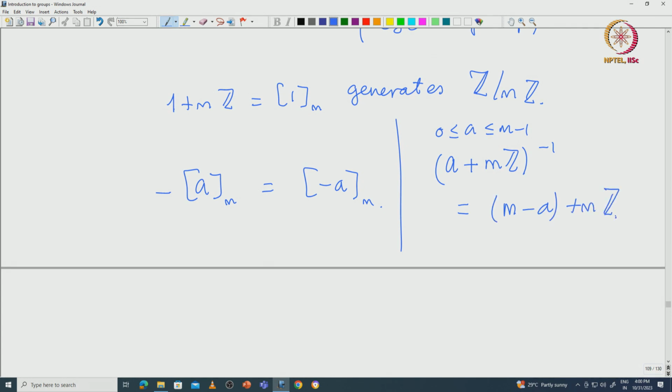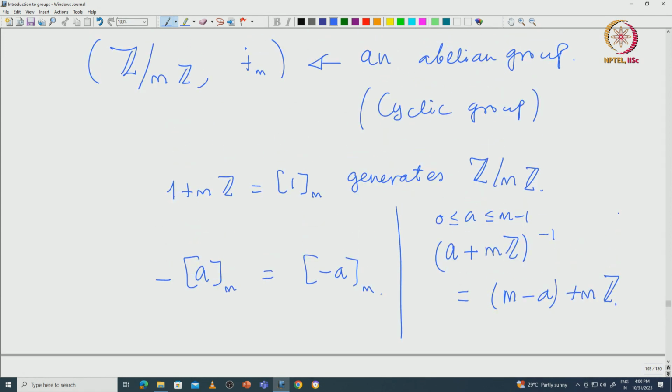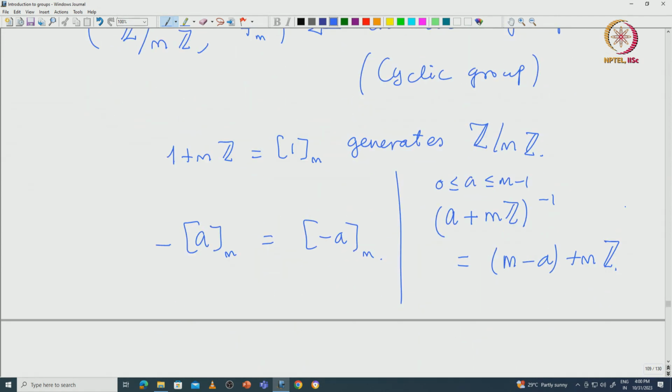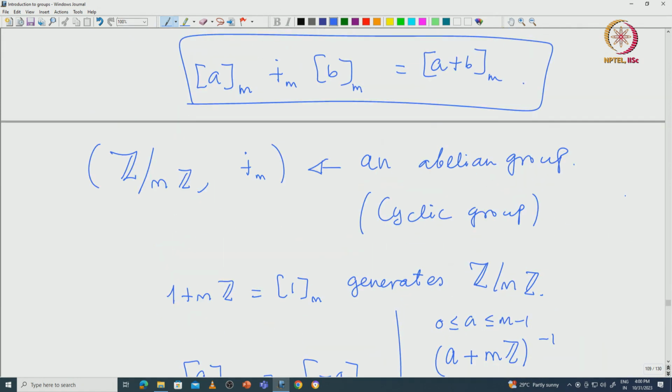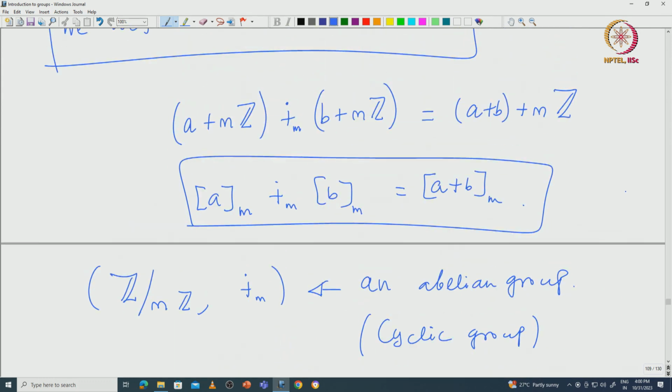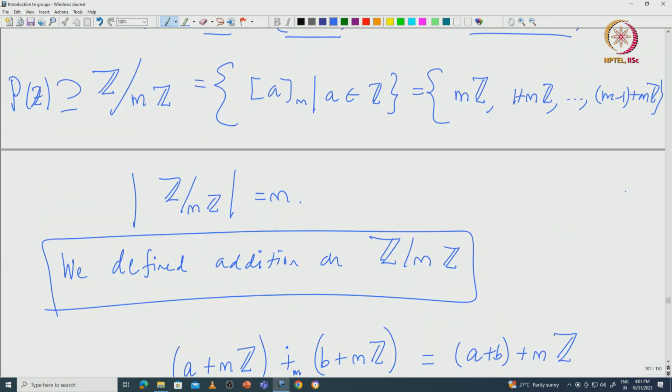This will be the inverse in your group. So this proves the existence of identity and the existence of inverses. The identity is MZ, and associativity and commutativity come for free. That makes Z modulo MZ a group.